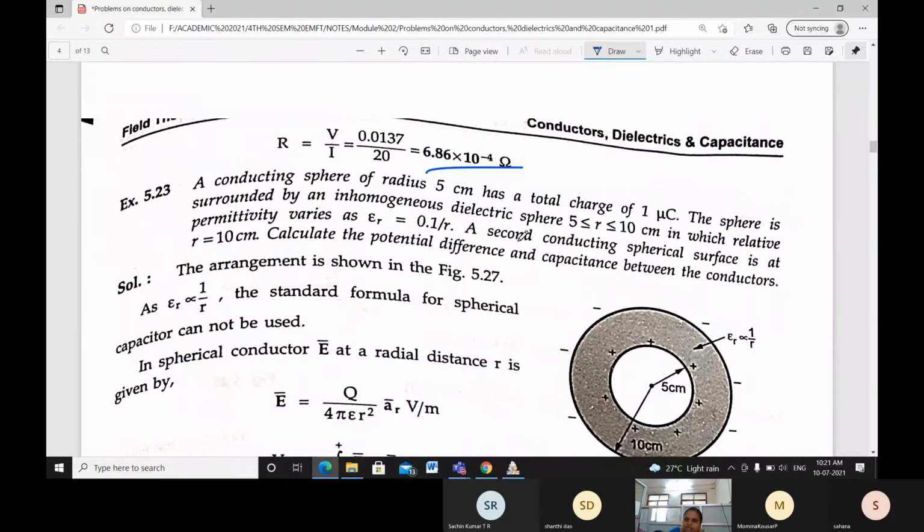Then a second conducting spherical surface is at 10 centimeters. Calculate the potential difference and the capacitance between the conductors.